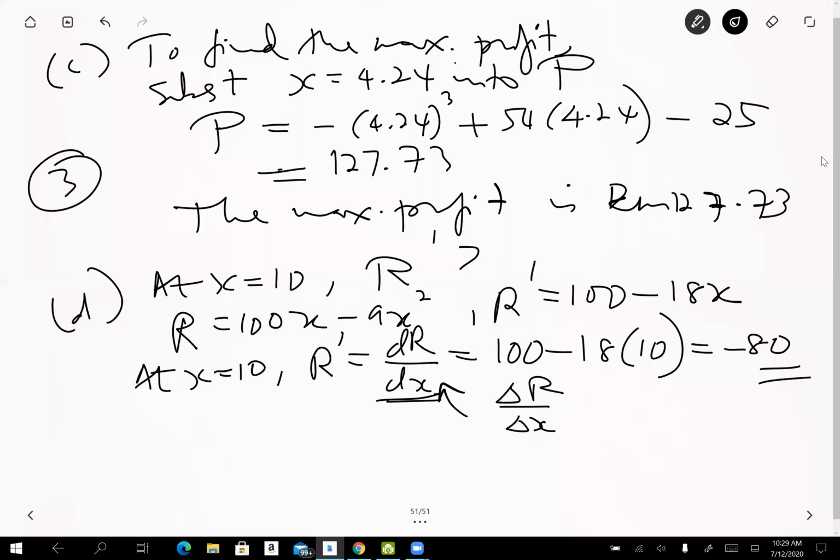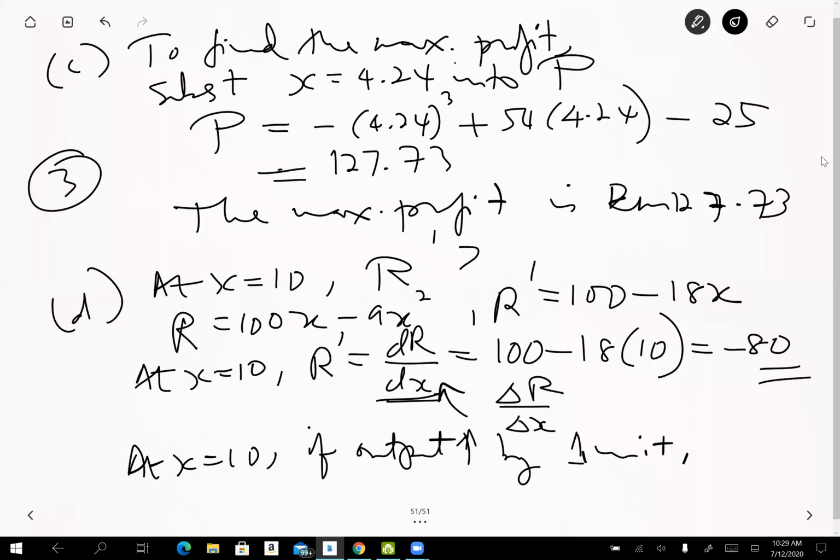The interpretation is at x equal to 10, because it's a nonlinear function, if output increases by 1 unit, then the revenue will go down or decrease by 80 RM.